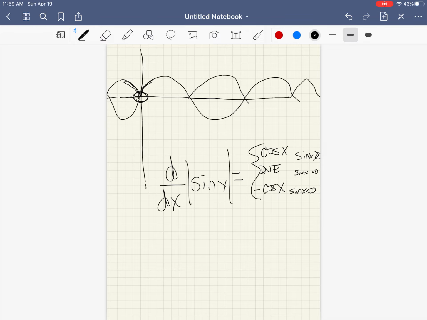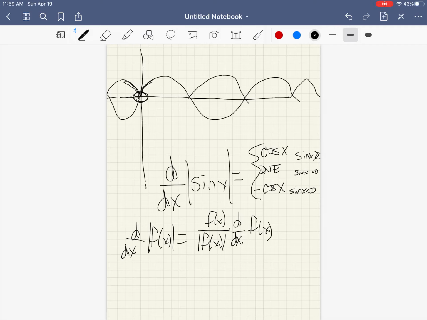So in general, there's a formula that you can use. The derivative of the absolute value of a function of x is going to be equal to f of x divided by the absolute value of f of x, times the derivative of the original function.